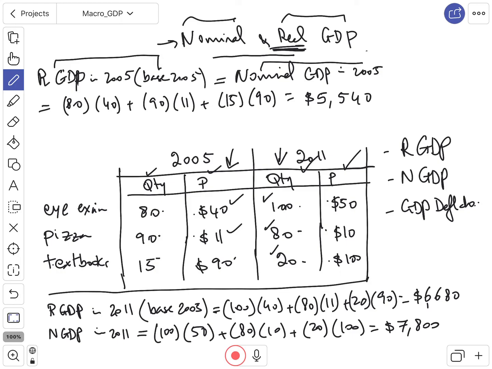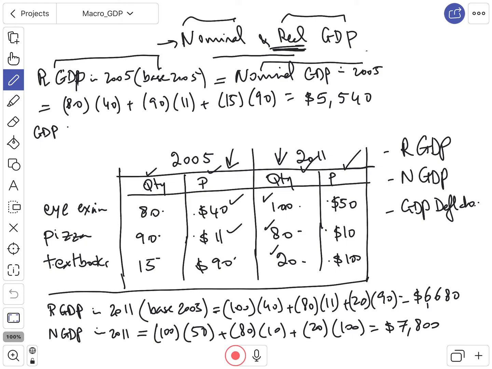Suppose you have a question about the computation of GDP deflator. The GDP deflator uses the information about nominal and real GDP, and it is a measure of prices, as you know.